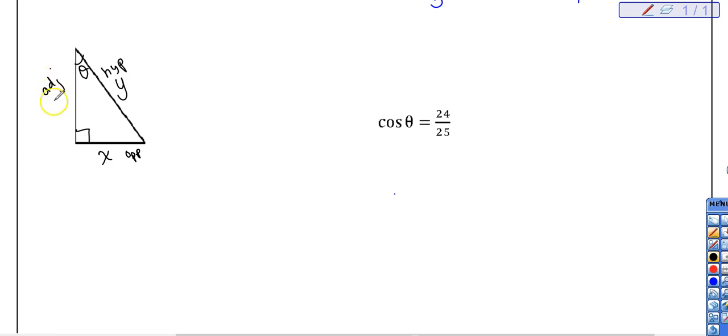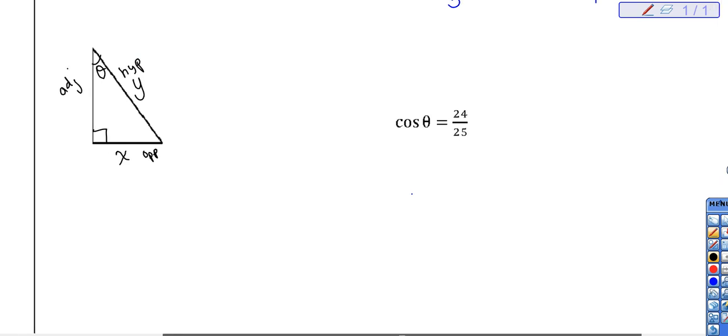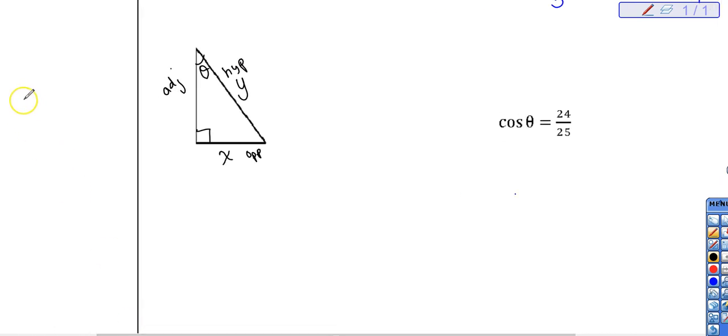So we're going to find adjacent. You can use the Pythagorean theorem or the modified Pythagorean theorem. The modified Pythagorean theorem says this, and you might want to write this over here. Here's what we know if we go back to the basics. A squared plus B squared equals C squared. True statement. Leg squared plus leg squared equals hypotenuse squared.